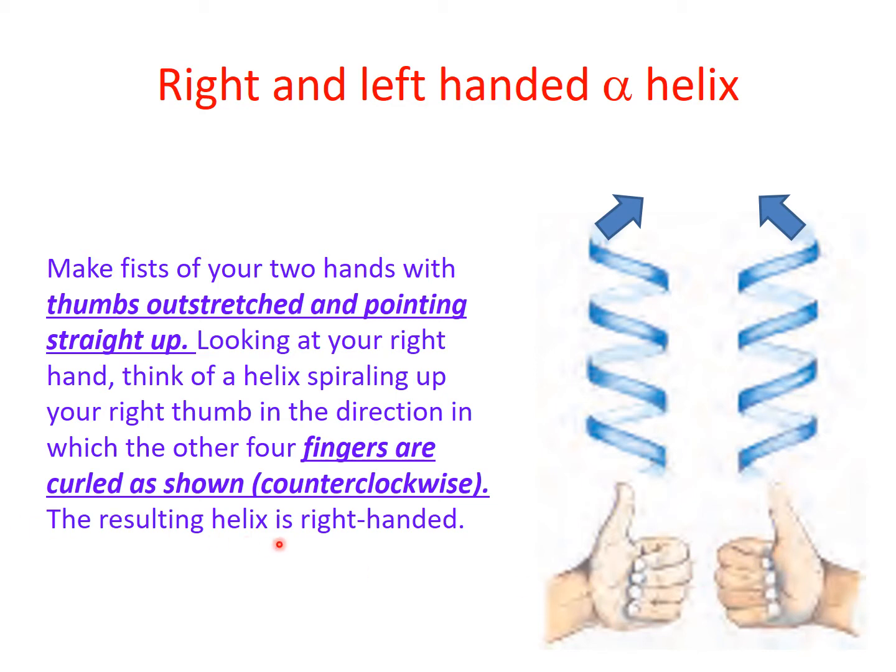The resulting helix is a right-handed helical structure. In the opposite case, when the fingers are pointing in the clockwise direction and the thumb is pointing upward in the direction of the polypeptide, this is a left-handed helical structure.